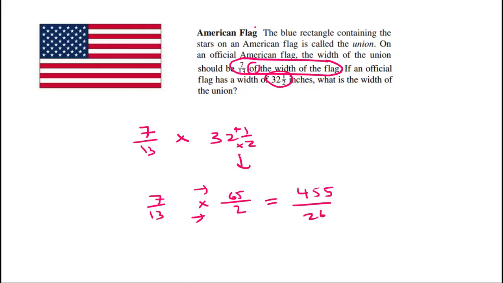And then we can reduce that to 35 over 2 or 17.5. Okay. So the answer is the width of the Union is 17.5 or 35 over 2. Does it say inches? Yeah, in inches. Okay. So that's our units there. So make sure you include that in your answer.